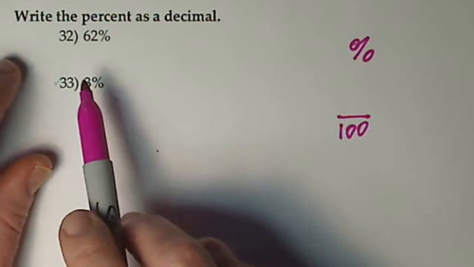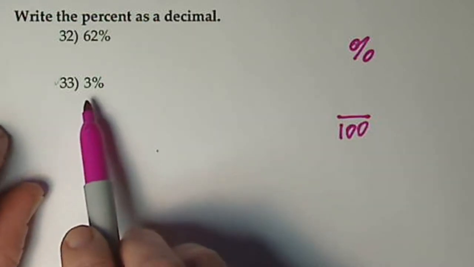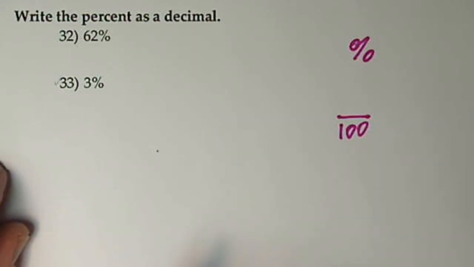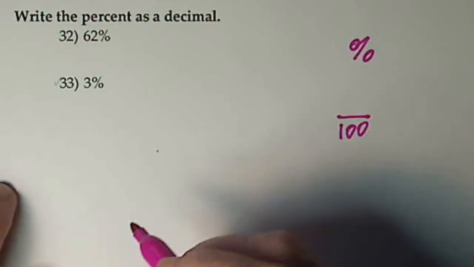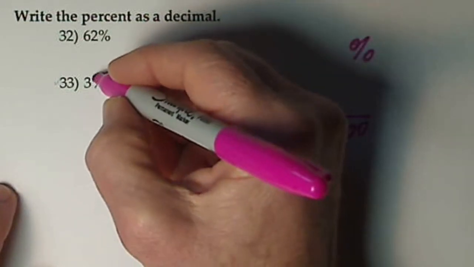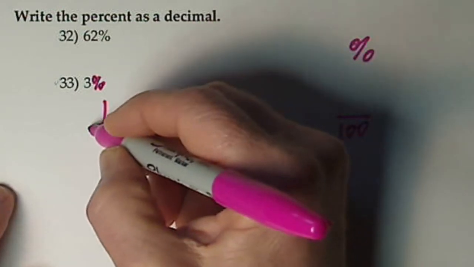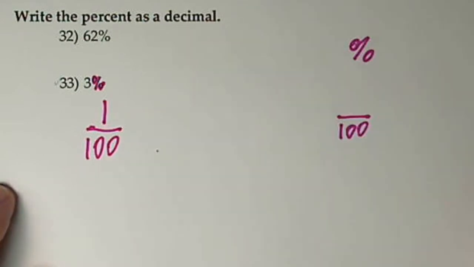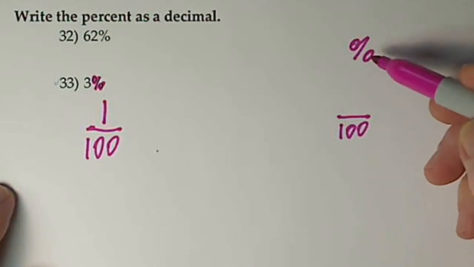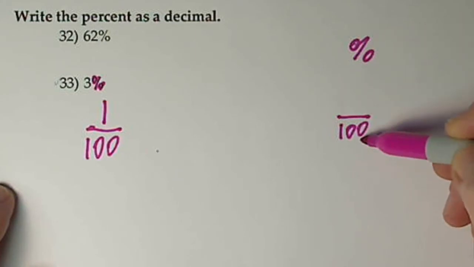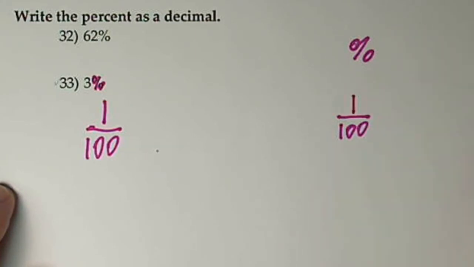They want us to write this percent as a decimal. So if we have 3%, we're supposed to write that as a decimal. Well, what does that really mean? Again, this symbol right here means, I'll say 1/100th. Here I just said it means per 100. So it's understandable I can have a 1 in the numerator.